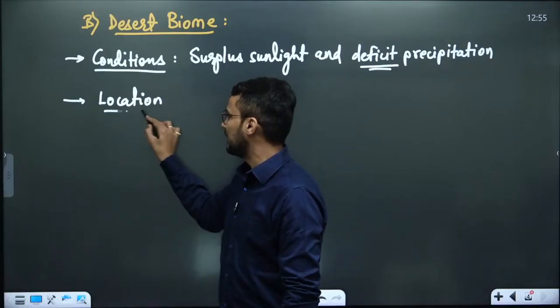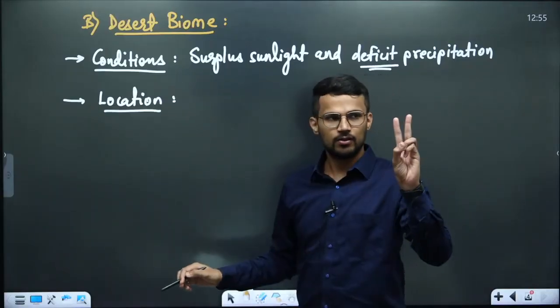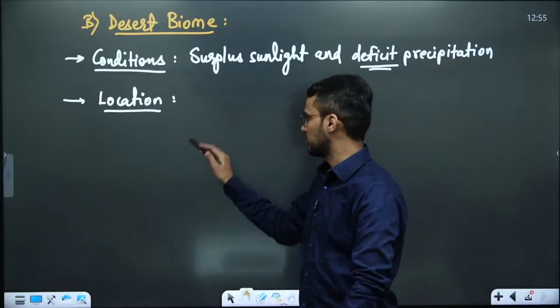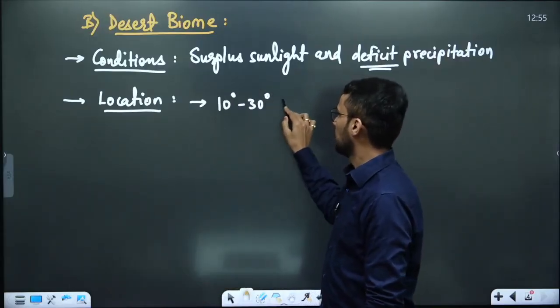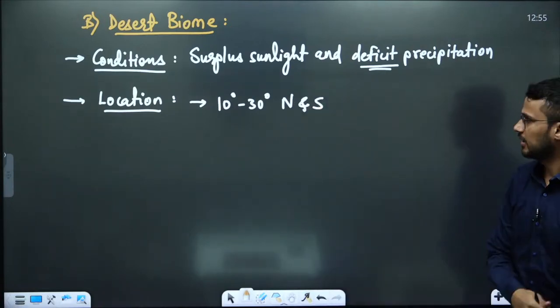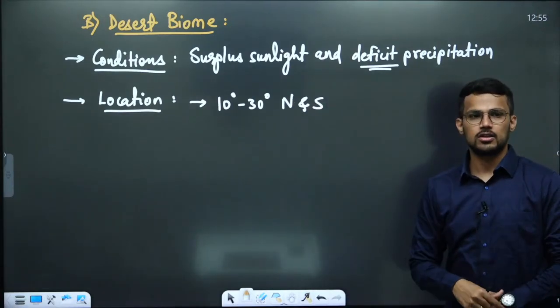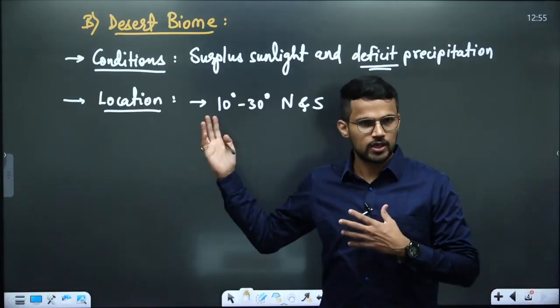In terms of latitudes, what is the location of deserts? We have deserts at two locations. First is 10 degree to 30 degree north and south. कहाँ पे लेकिन? Entire 10 to 30 degree north and south, do we have this?